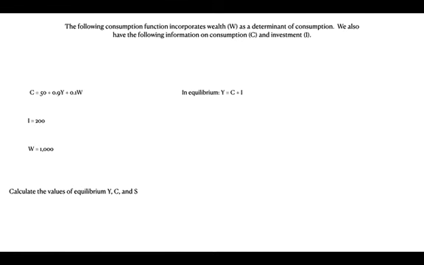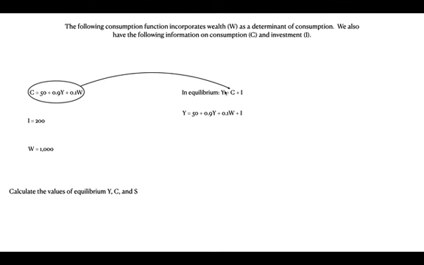So it's important to remember that in equilibrium, income is equal to consumption plus investment. So we are given consumption and we are given investment, so we can plug consumption into our equation for equilibrium income.